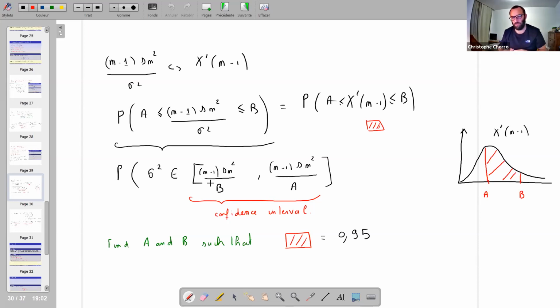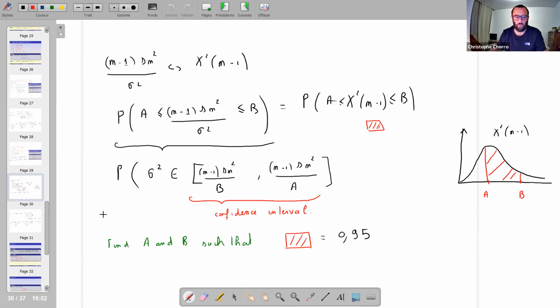So I continue, because now we are going to see, in relation with what I have just said before, that for the mean, for the moment, I don't know how to obtain in practice a confidence interval. I have a theoretical answer, but it doesn't allow me to build a confidence interval because it depends on the standard deviation, which I don't know. I want to overcome this problem.